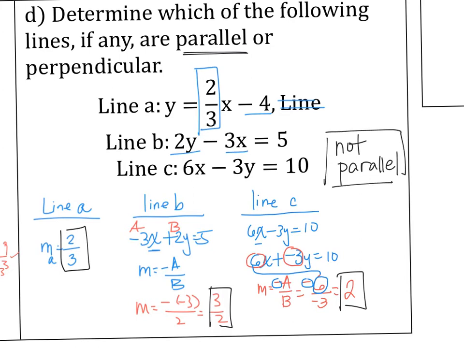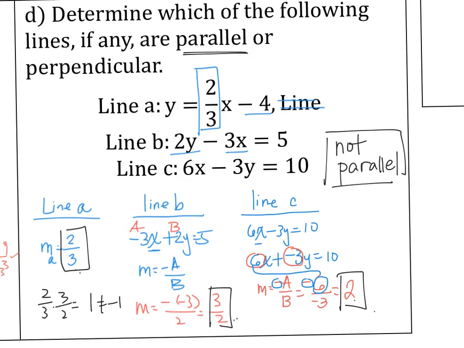And perpendicular, let's see if any pairs are negative reciprocals of each other. 2/3 times 3 over 2 gives you 1, but not negative 1, so not perpendicular. 2/3 times 2 is obviously not negative 1, and 3 over 2 times 2 is 3.